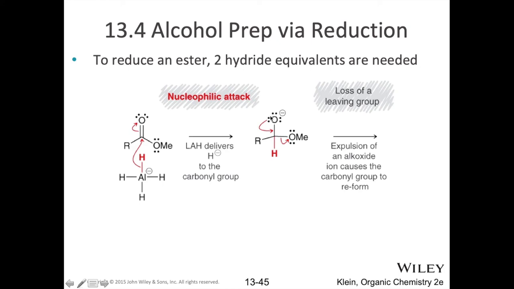So that actually gets kicked off. Instead of your oxide being primed for a proton transfer and forming the alcohol directly, what happens first is that the double bond reforms and kicks off that leaving group.